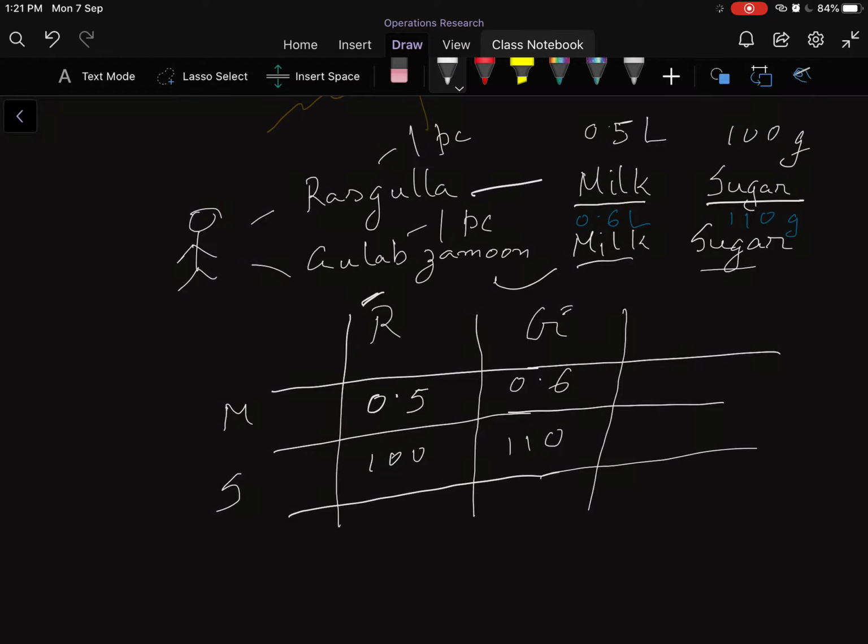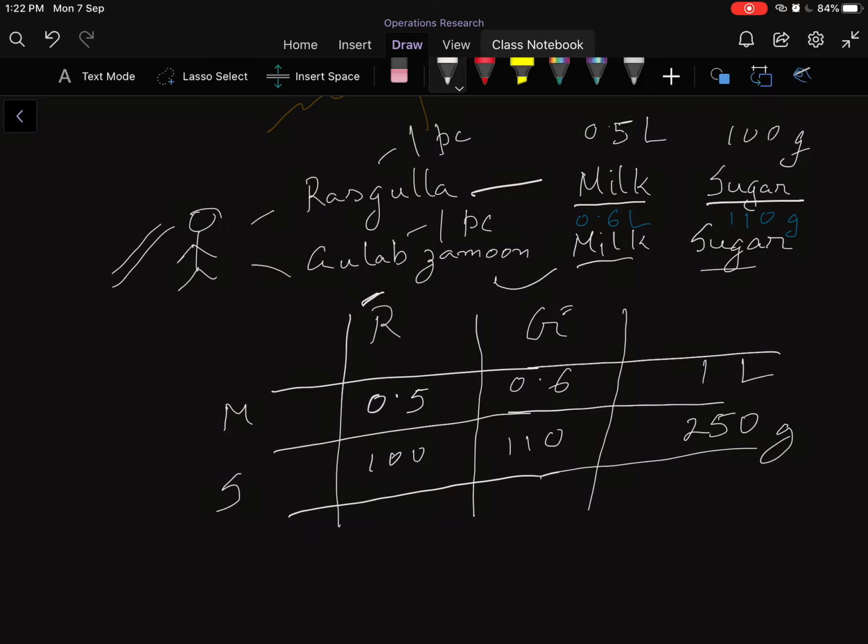But let's assume that the amount of milk that is available with this person is only 1 liter, and he has only 250 grams of sugar.